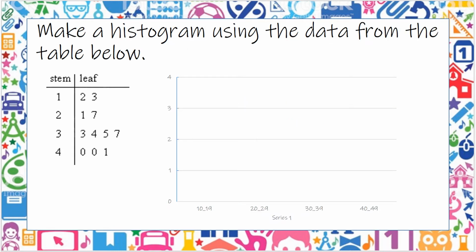Make a histogram using the data from the table. So between 10 and 19, how many numbers do I have? I have 1, 2. So I'm going to draw my line up to 2. Color it in. Then how many do I have between 20 and 29? Well, that's going to be 1, 2.